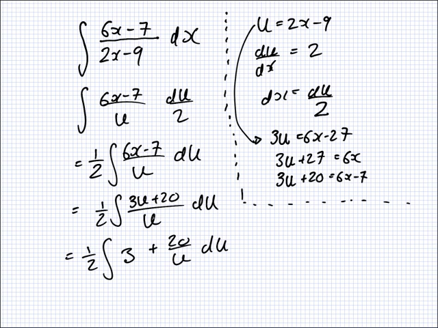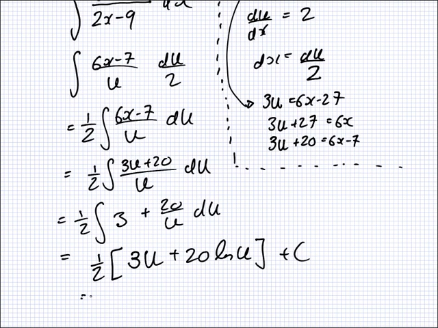Yeah, you like in the integration. Okay, continue. So this is a half. And what does the 3 integrate to? 3. Well, in this case, 3u. And this is 20 log u plus c. So this is 3 over 2 u.